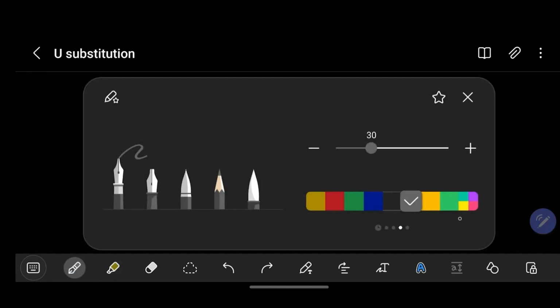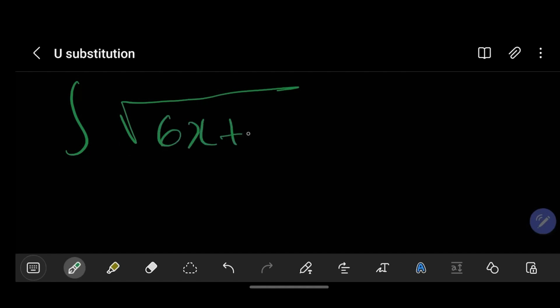Let's do another example. Let's get another color here. Let's use green. Let's find the integral of the square root of 6x plus 2 dx.